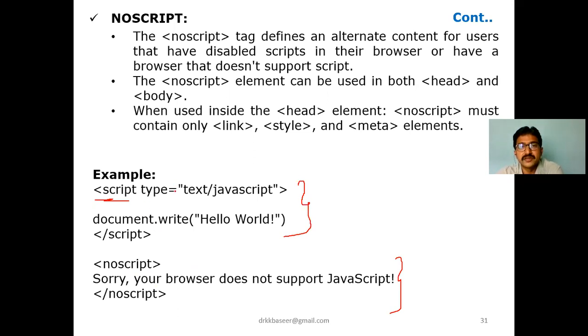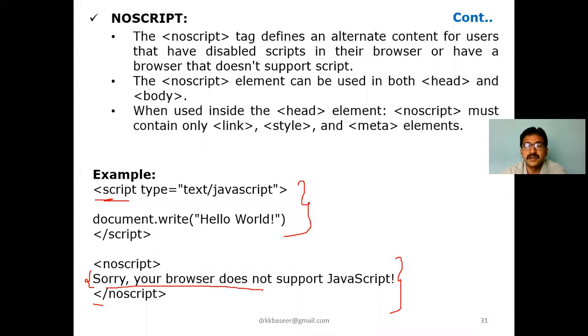If you don't have scripts allowed, then automatically it shows some error, or else it shows some blank pages. In that case, if you want to display that there is a technical issue, that the script is not supported, then you can use noscript. It displays whatever message is between the opening tag of noscript and the closing tag of noscript. Whatever message you write, the same will be displayed over there.